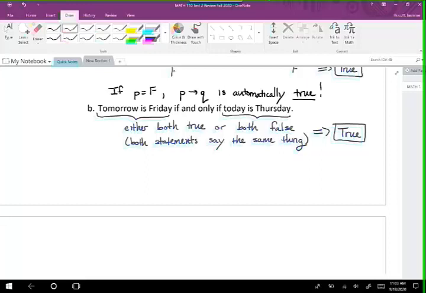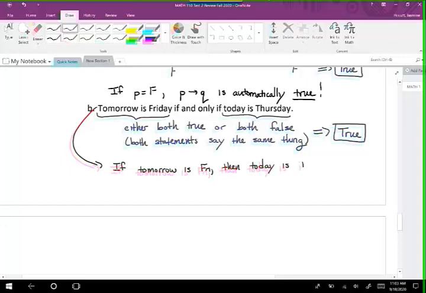Now, just as a reminder of what this statement means, I don't think "if and only if" is something that we say very often in regular English. The reason that we have the double-sided arrow for the if and only if is because the statement goes in both directions. So what this says is that if tomorrow is Friday, then today is Thursday, and that makes sense as a sentence.